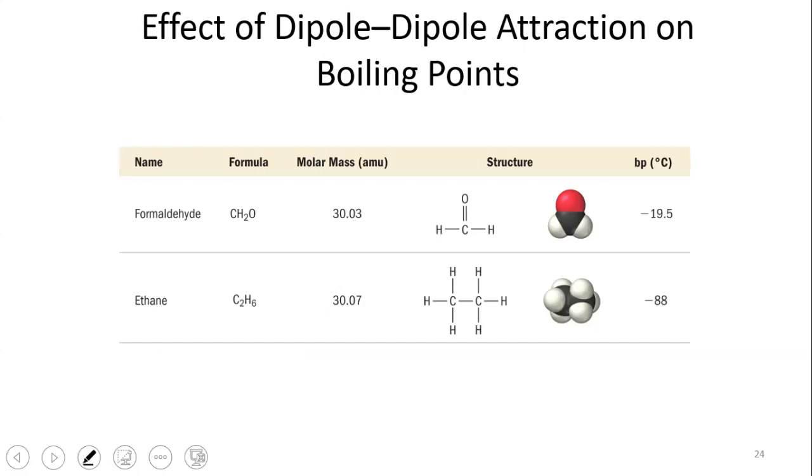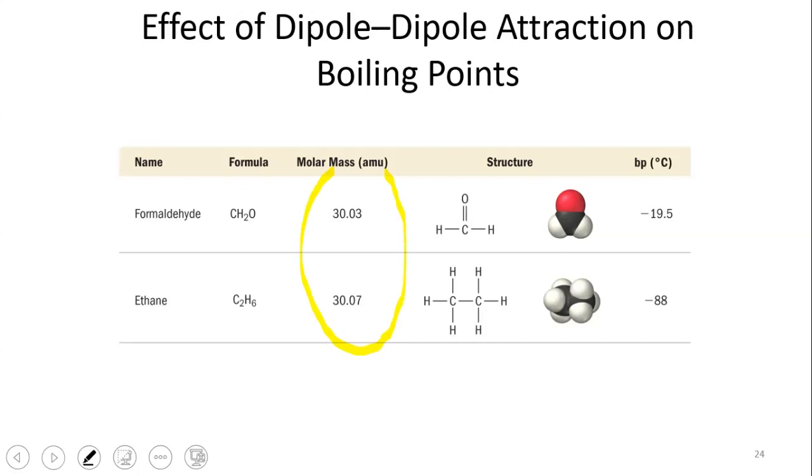So here are two compounds, formaldehyde and ethane. You can see the formulas there on the second column. You can see that formaldehyde has an oxygen, and of course, you remember the structure. You can see it here, two columns to the right. You can see the structure and the space filling model of formaldehyde. And then you can see the same for ethane. The reason I chose these two is because notice that they have essentially the same molar mass.